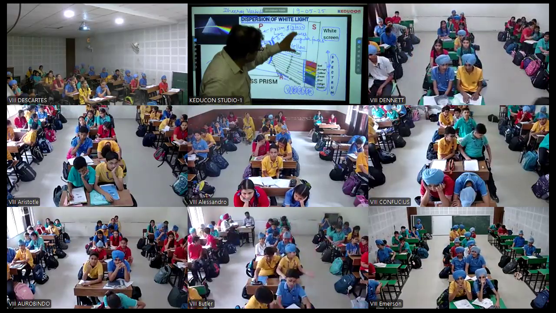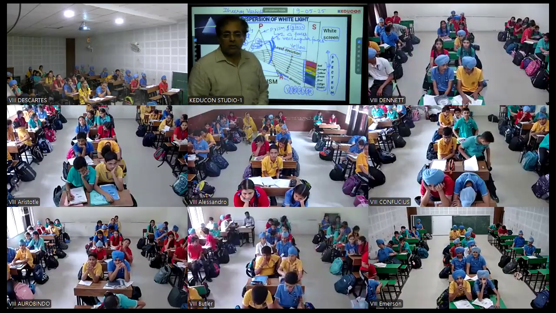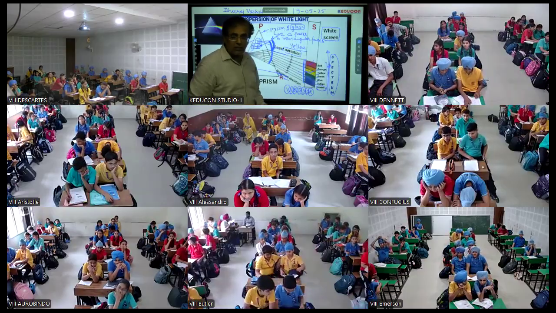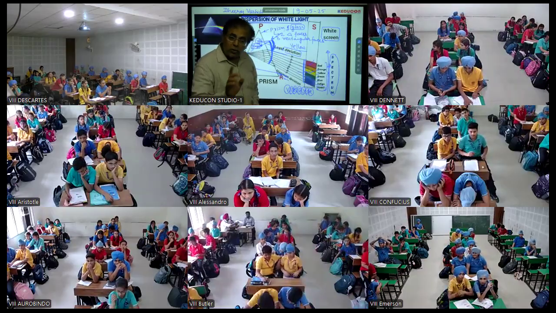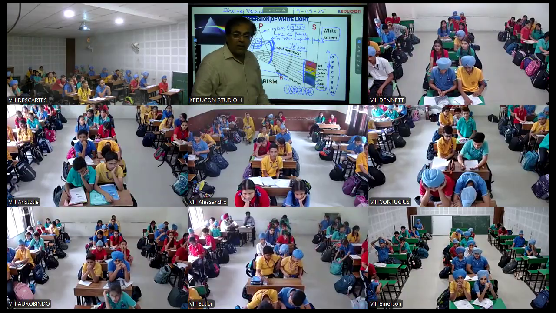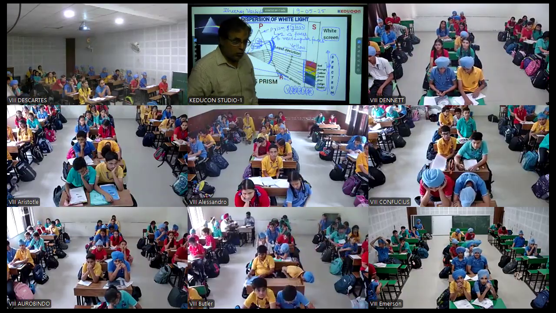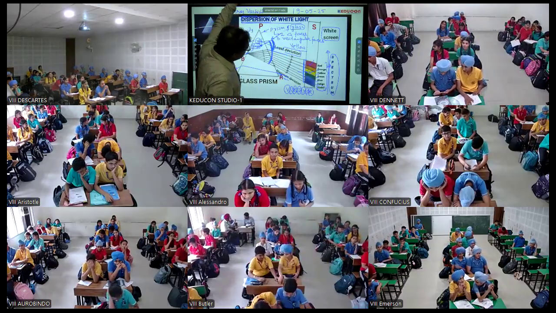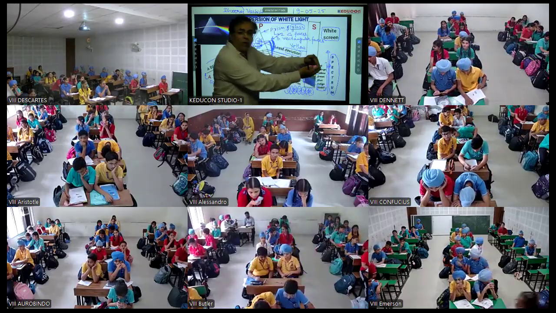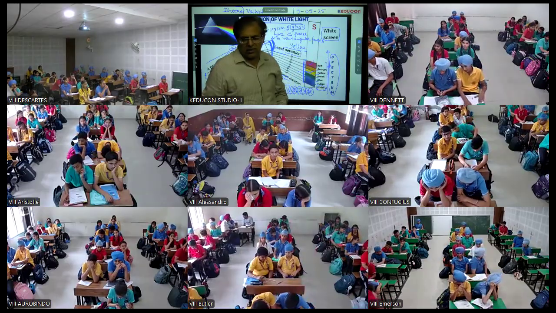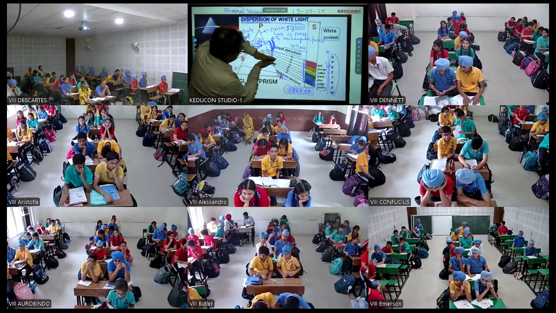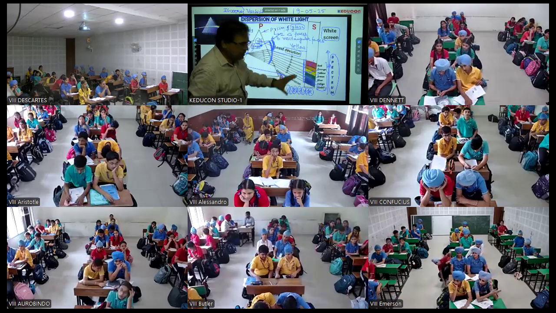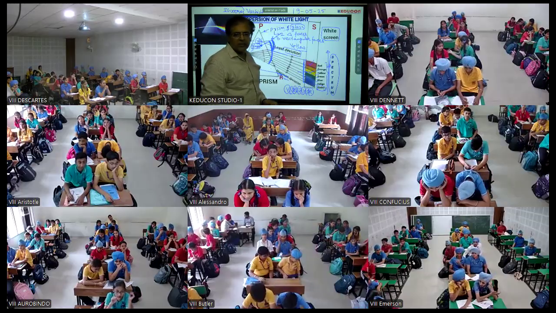So different sets of spectrums will appear and they will merge into each other. Different colors will be there. You cannot say, sir, they will again become white. No, because they are separating from each other. If they are made to concentrate on a single point, then it will become white light. Here you see all are scattering away. So different sets of the spectrum will appear on the screen.